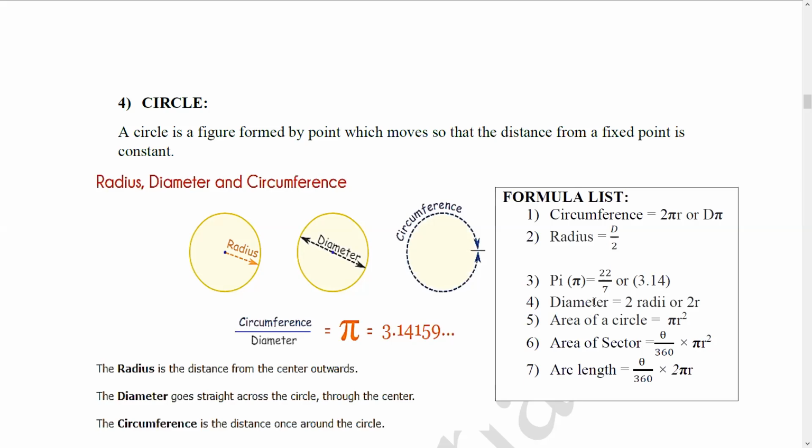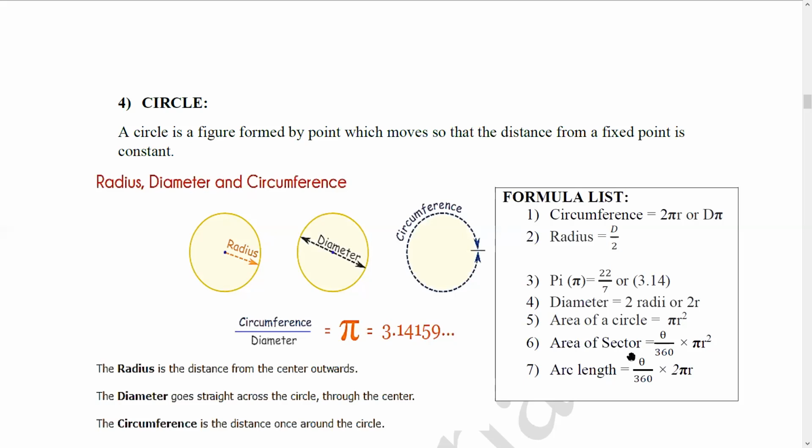Number 4, diameter. The diameter is equal to 2 radii, or 2r, which is what I explained just now. Now the area of a circle is pi r squared. You need to know this because it's a frequent question. If it doesn't come in paper 2, it comes in paper 1. And of course, the area of a sector.